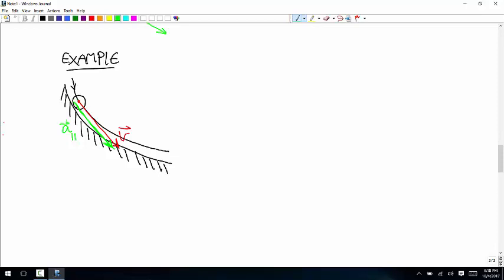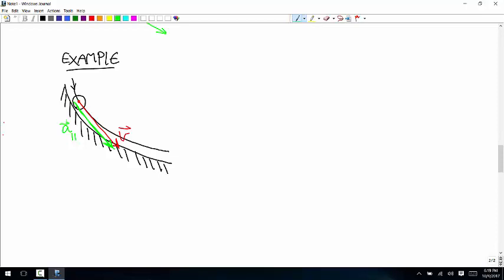Now we have to think about which way it's turning. You can imagine that any curve is part of a circle, and the direction it's turning is towards the center of the circle. If you fit a circle to this thing, the center of the circle is that way. So that's the direction it's turning.